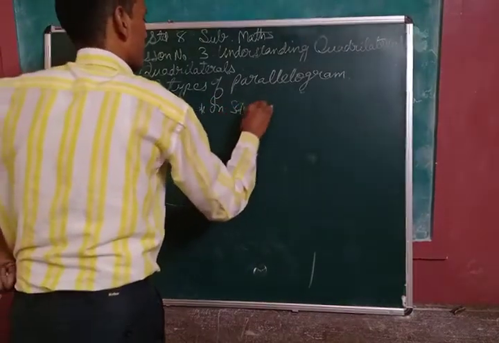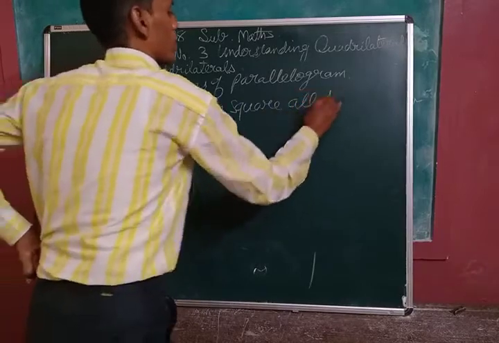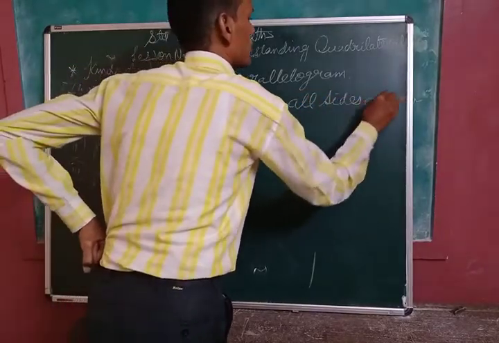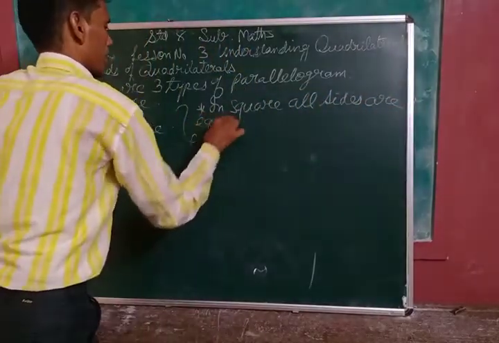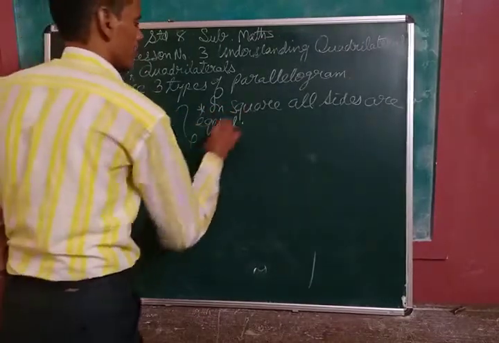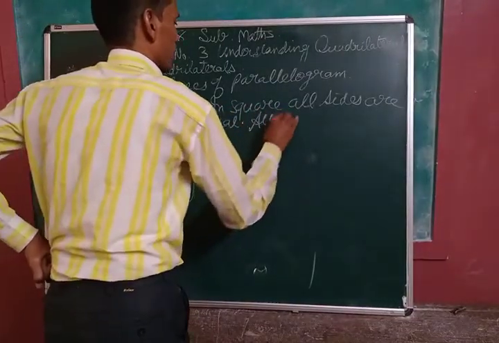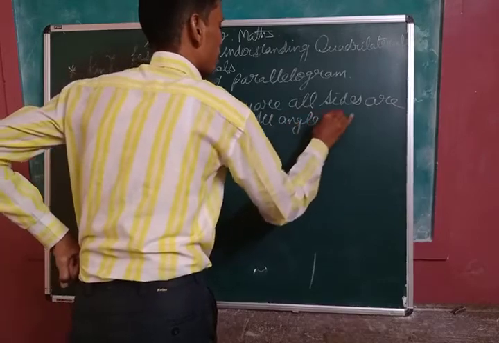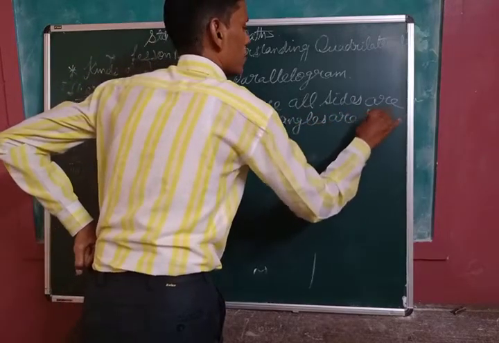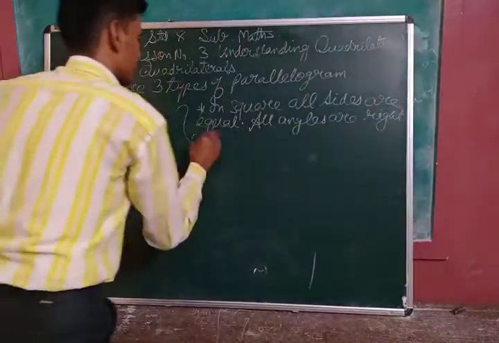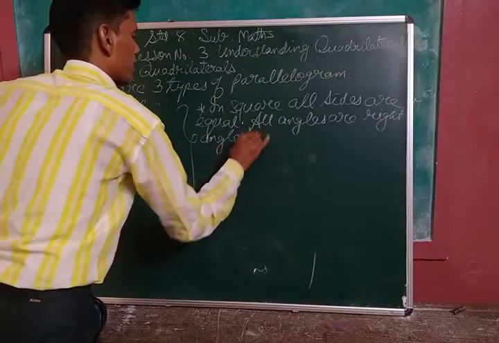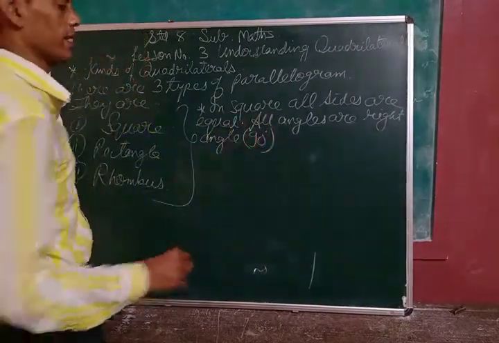In square, all sides are equal. Okay? All angles are right angle, 90 degree.